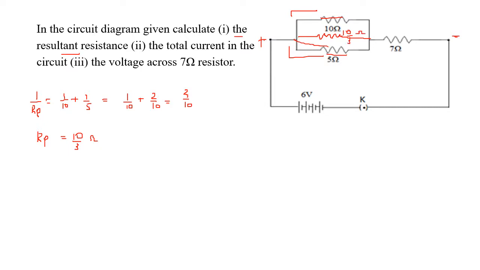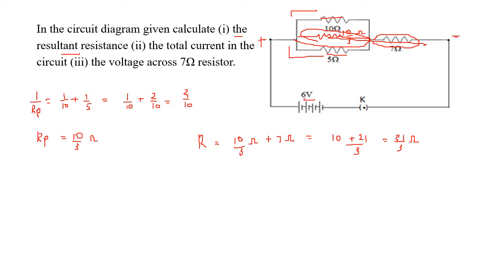And the equivalent of these 2 and this resistance are now in series. So the total resistance R of the circuit will be 10 by 3 ohm plus 7 ohm, that is 10 plus 21 upon 3, which is 31 by 3 ohm. So the equivalent resistance of the whole circuit is 31 by 3 ohm.